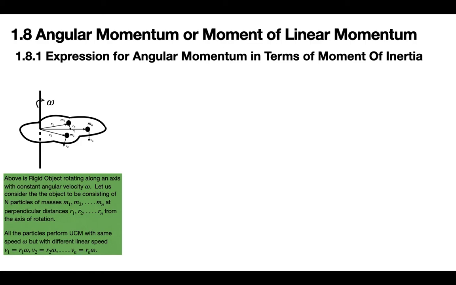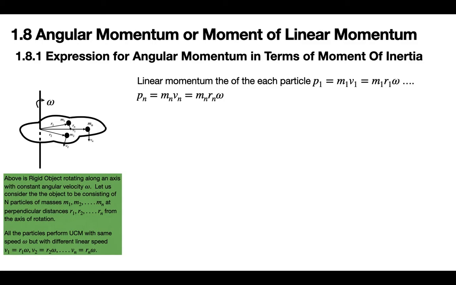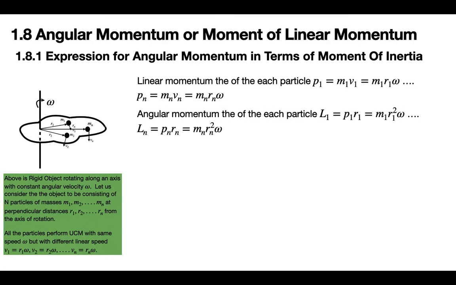So each small particle has a linear speed v1 equal to r1 omega, v2 equal to r2 omega, etc. The linear momentum of each particle is p1 equal to mass into linear velocity, so p1 is equal to m1 v1, and since v1 is equal to r1 omega, p1 is equal to m1 r1 omega, p2 is equal to m2 r2 omega, similarly pn is equal to mn rn omega.